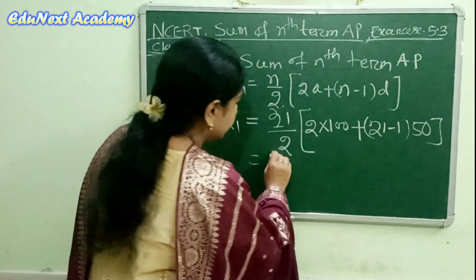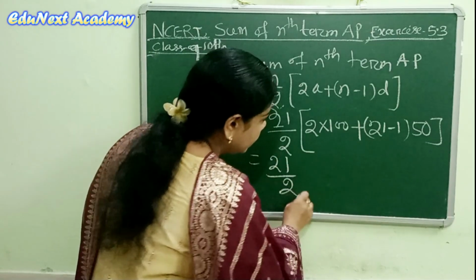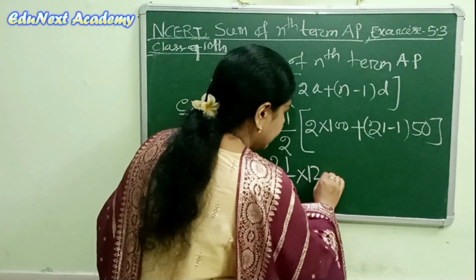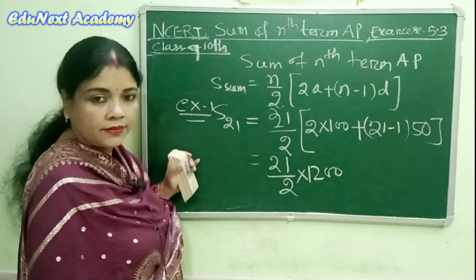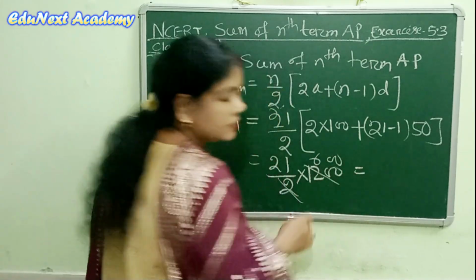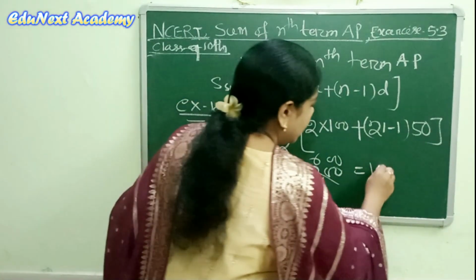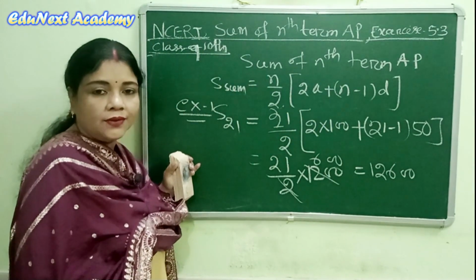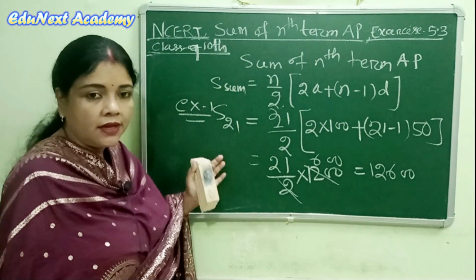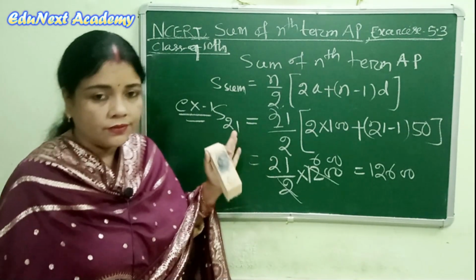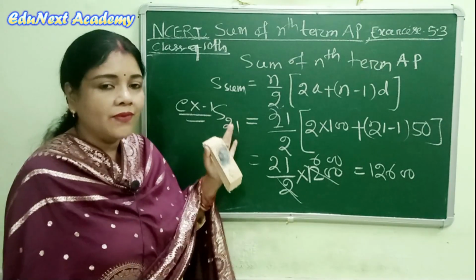That is 21 by 2. After solving this, we are going to get 1200. Now this is 600. So the final answer is 12600. Now see how easy it is. Whatever condition is given, you have to solve accordingly.